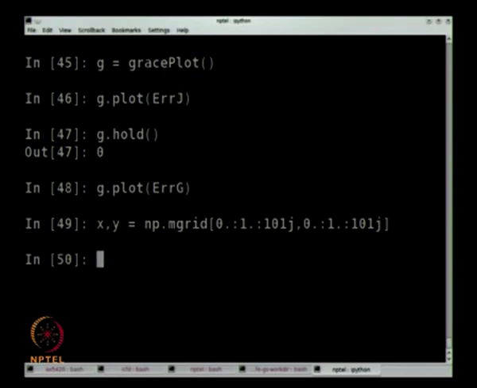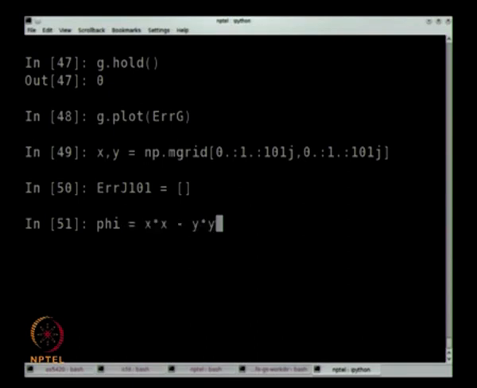Everything else should work as it is, because there is nothing in there that was specific to the number of grid points, except for the Gauss Seidel we have to be a bit careful. So I will make this ERRJ equals, I will just overwrite it, or maybe we can make it 101 either way, and go back to the Gauss Seidel.